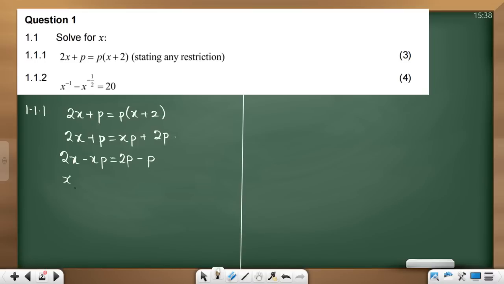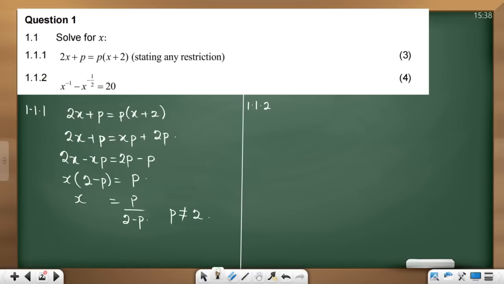What's common? x. And this is 2 minus p, and this would give me p. So x is p over 2 minus p. But stating any restriction, x is valid if p is not equal to 2. Why? If p is equal to 2, that gives me an undefined value of x. That's what the examiner means by state the restriction.